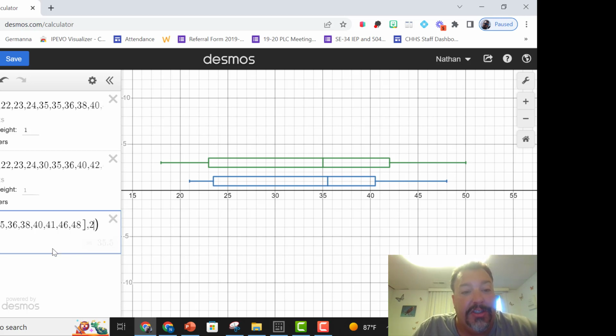If I type in 2, I'm going to get the median. If I type in 3, I'm going to get Q3. If I type in 4, I'm going to get the maximum. So quartile is going to be a helpful function in Desmos to help you to find those 5 numbers: the min, Q1, the median, Q3, and the maximum.